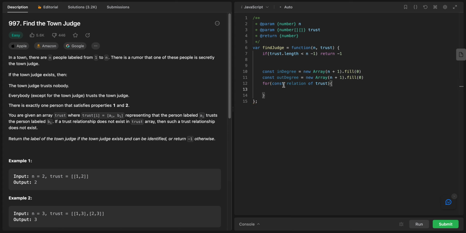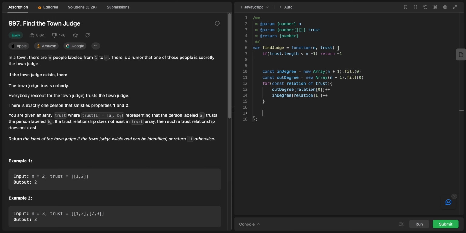The out degree, that means the people who trust, I will store them: the out degree of relation of 0, because people who trust are in the first position, will be increased by 1, and the in degree of the people who are trusted will be increased by 1.